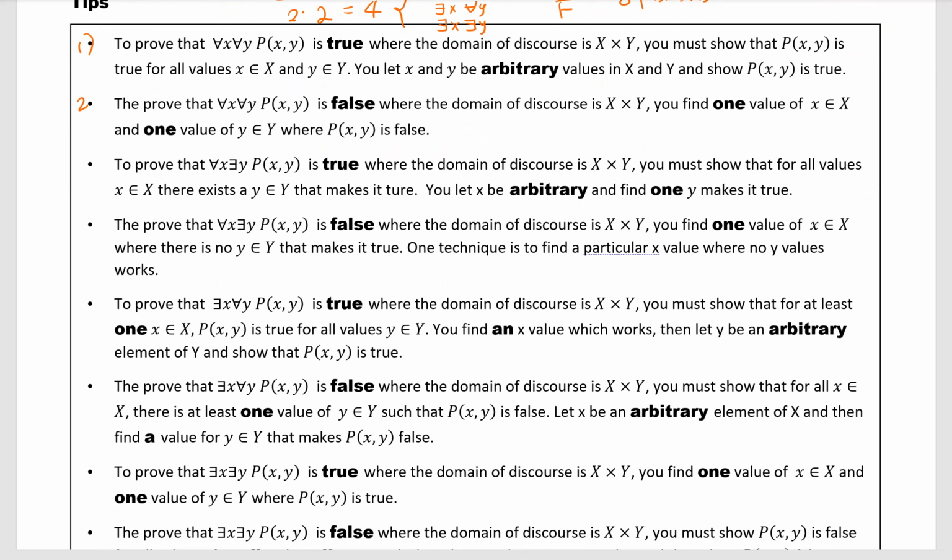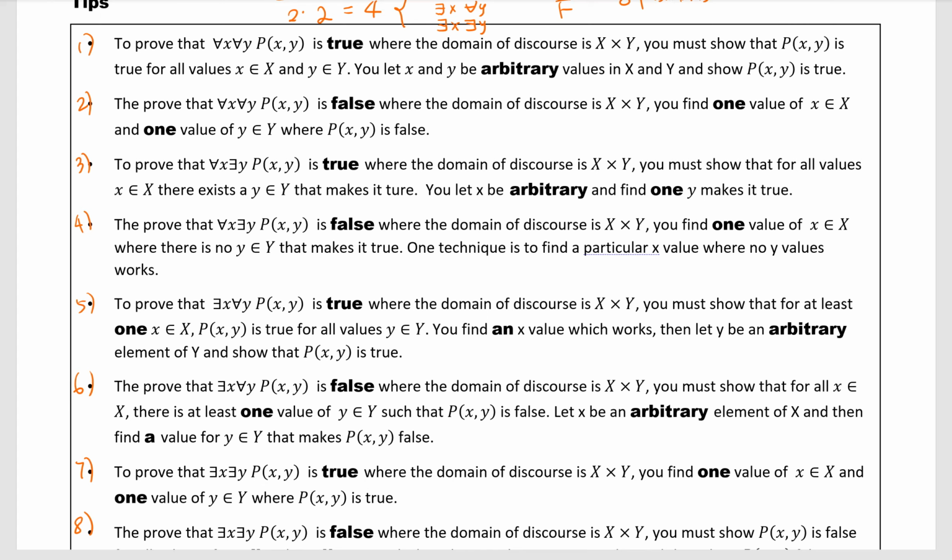Let me label them 1, 2, 3, 4, 5, 6, 7, 8. The method for each of them is a little bit different. Let's go through them. First, to prove for all x, for all y, P of xy is true, where the domain of discourse is X Cartesian product Y, you must show that P of xy is true for all values of x and for all values of y. So you let x and y be arbitrary values in X and Y, and you want to show P of xy is true.